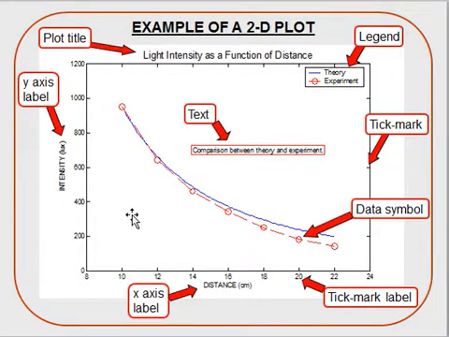Each of these axis labels indicates what is being plotted with the corresponding units, including the parentheses. Because there's more than one data set being plotted, there's a legend that indicates which curve corresponds to which data.